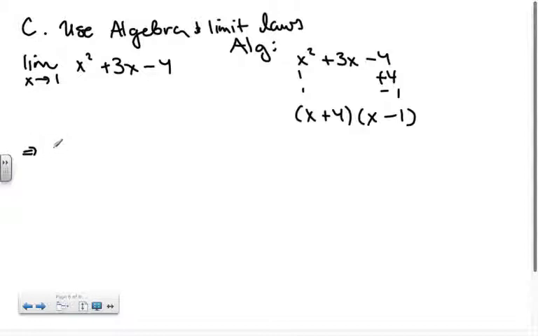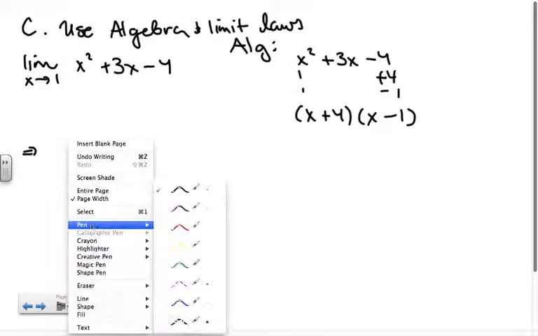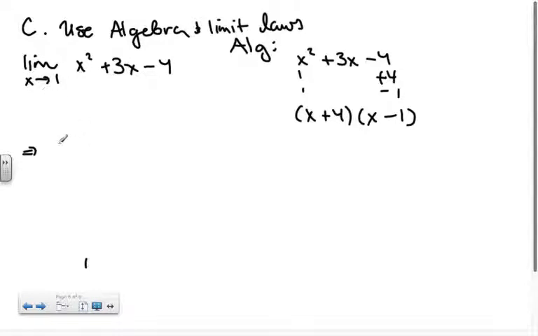Thusly, if I plug in the numbers, this is 1 plus 4 times 1 minus 1, 0 times 5, which is, of course, 0.